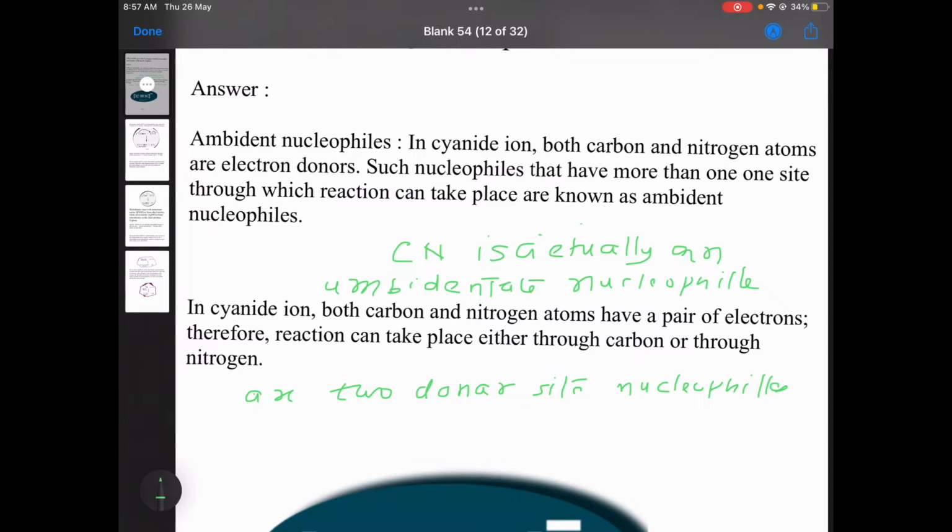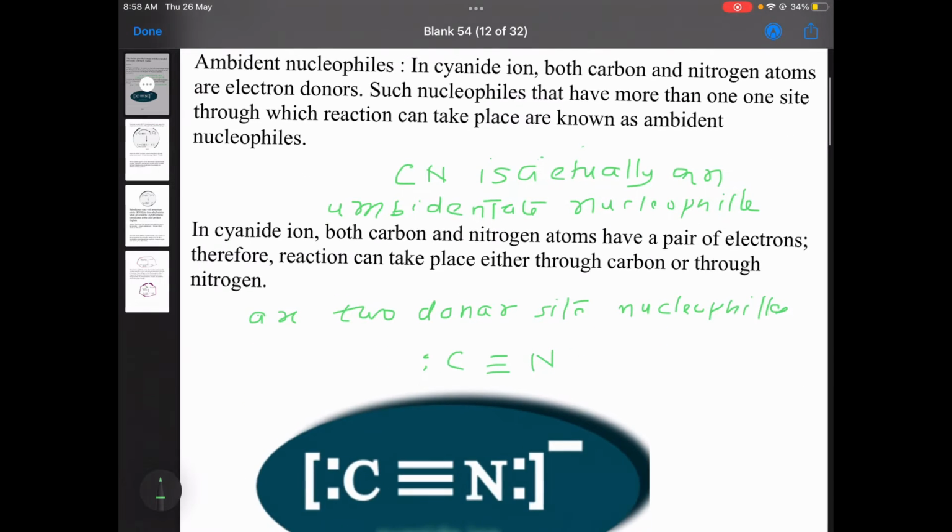That means those do have a pair of electrons, existing in the case of carbon and at the same time in the case of nitrogen. So it can donate a pair of electrons both from the carbon of cyanide and at the same time the nitrogen of cyanide. So this is called an ambidentate nucleophile.